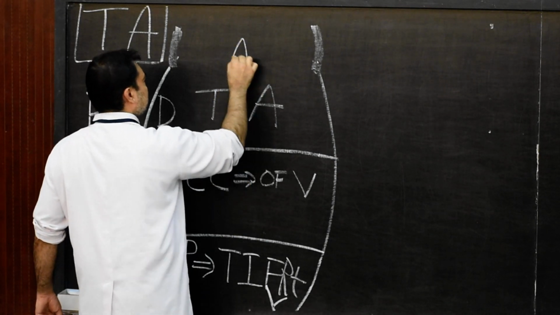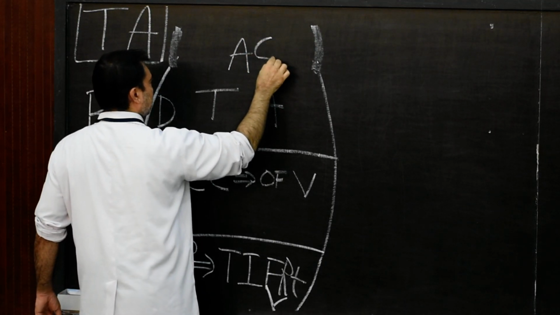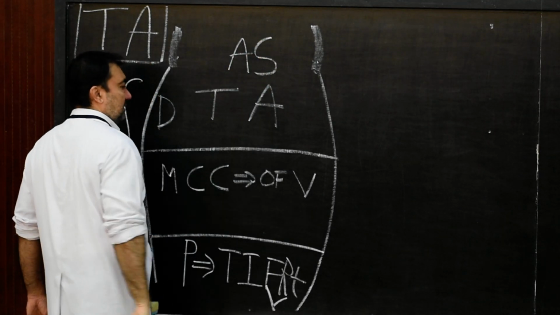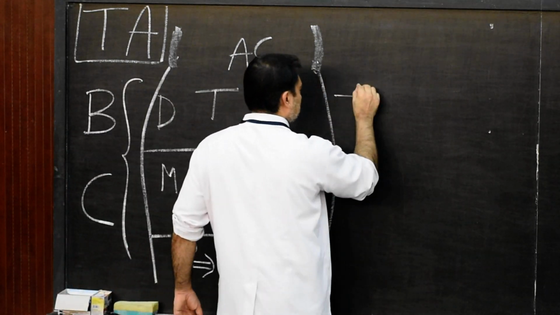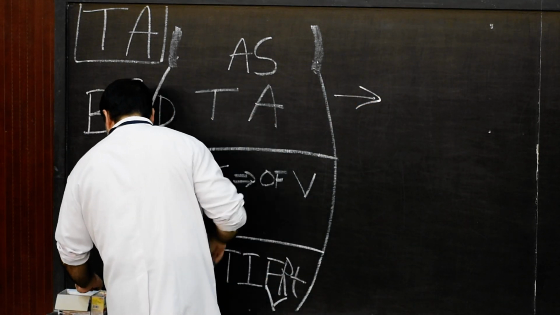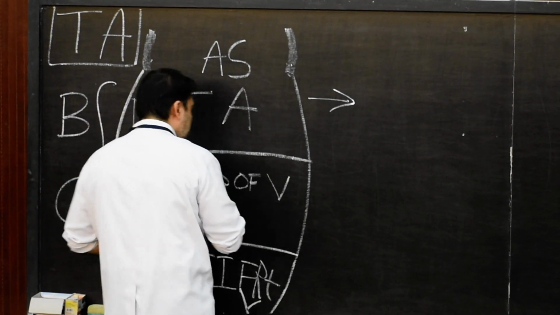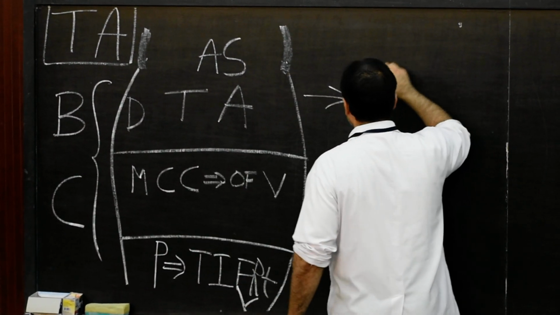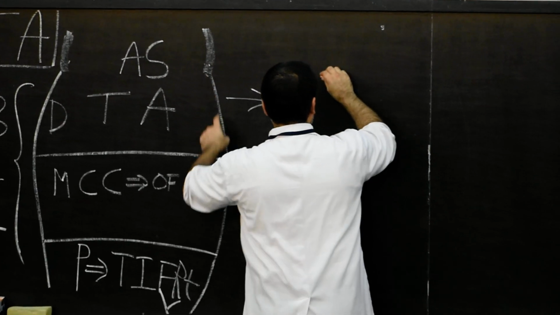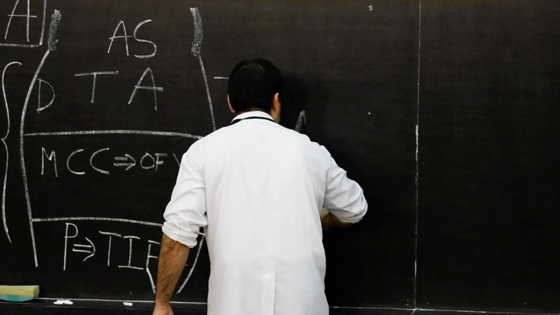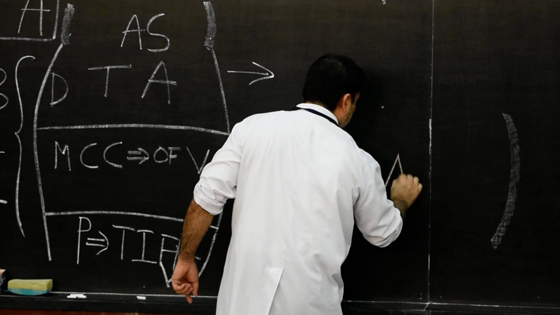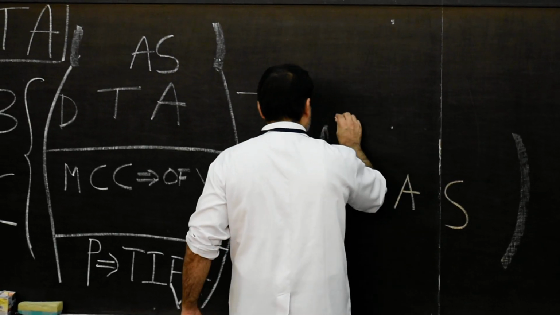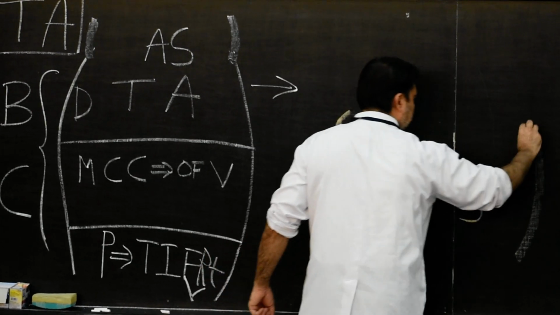So we start with the aortic sac. Now we start the next diagram, in which I will use the orange color. Here we show this cephalic portion of truncus arteriosus, which we have named aortic sac. So here this is the aortic sac.